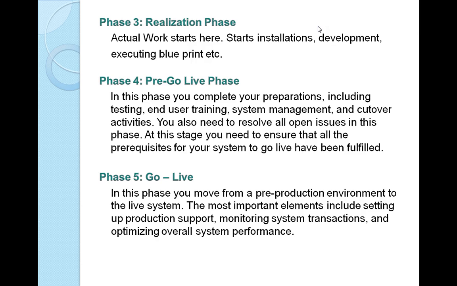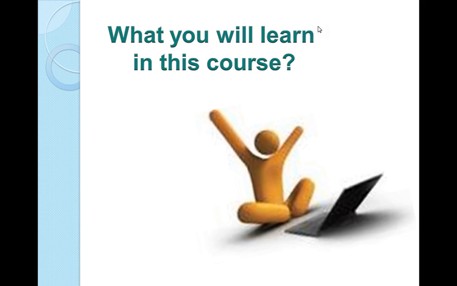He needs to do support, and if required, he needs to implement new things and support, regularly monitoring the system for performance and troubleshooting, everything the basis administrator does. Okay, so in this course, after implementation is done, the basis administrator's work starts here.